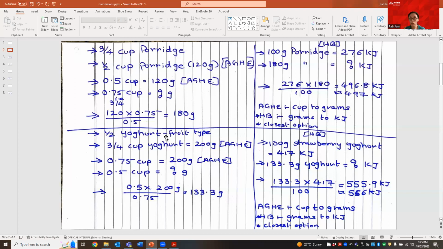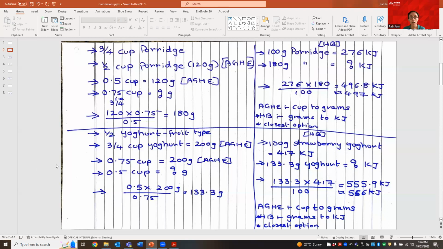When you show this sort of background calculation in your exams and assignments, it gives a lot of confidence to the examiner that you have put a lot of thought and the right logic into coming to your derivations.